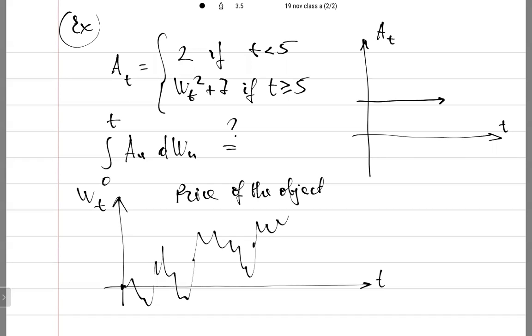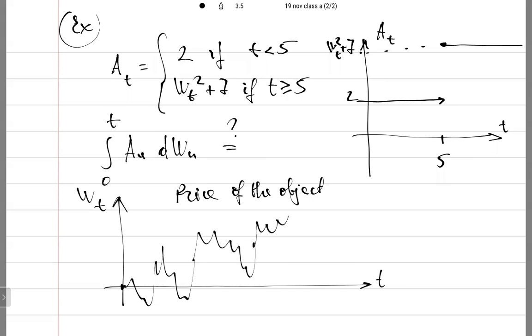And then we buy or sell. Oh, we are sure we buy, because Wt squared plus 7 is obviously greater than 2, but it may happen that we sell objects. So At is the number of objects we have, Wt is the price.